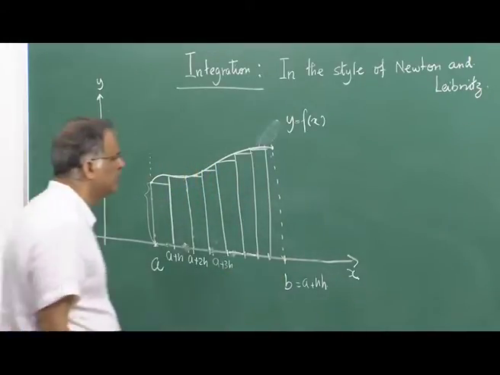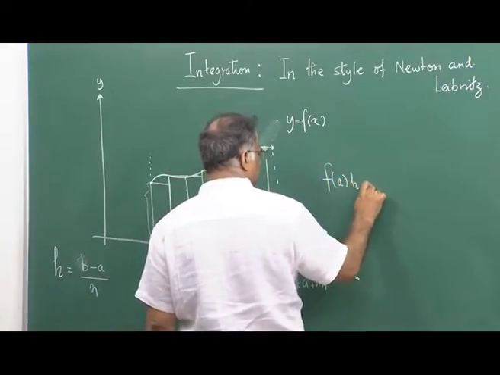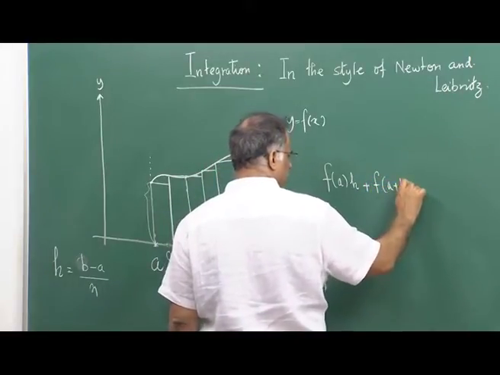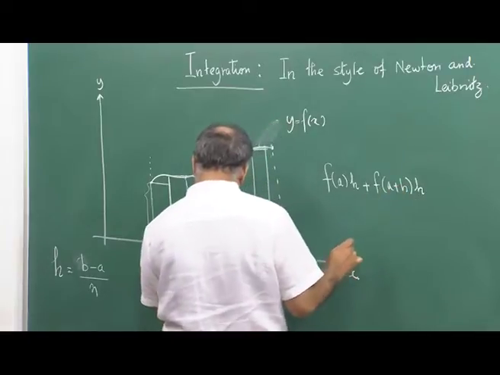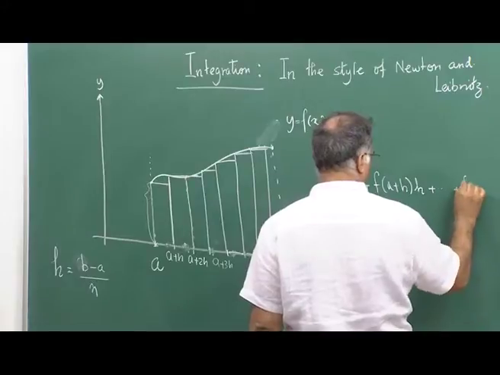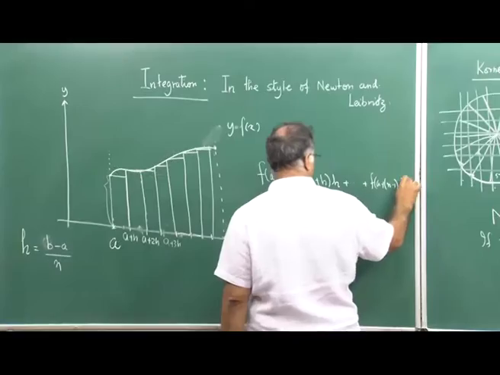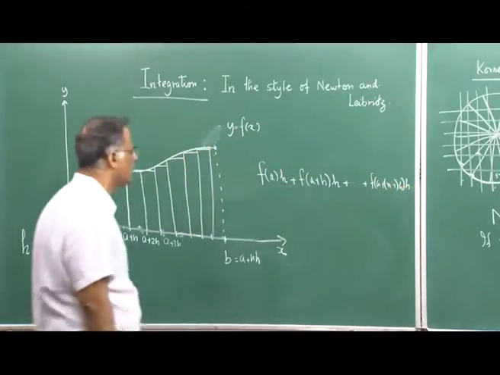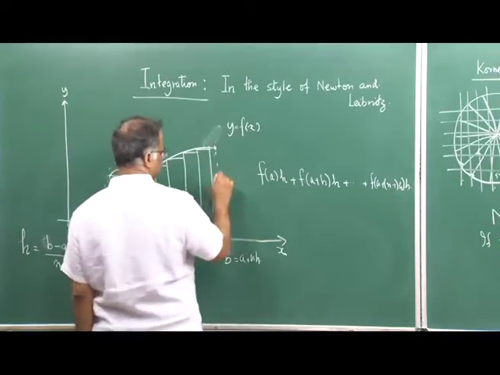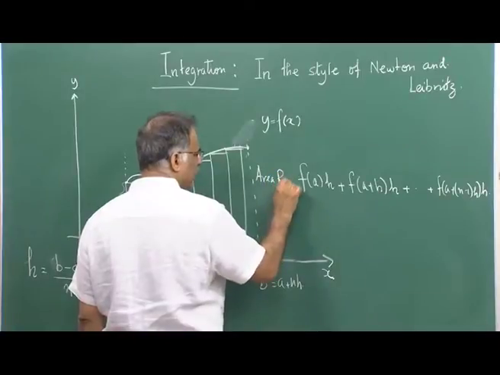I have f of a into h plus f of a plus h into h, because these are all h, plus f of a plus (n minus 1)h into h. So this is my total rectangular region, which I call R_n, and its area is this.